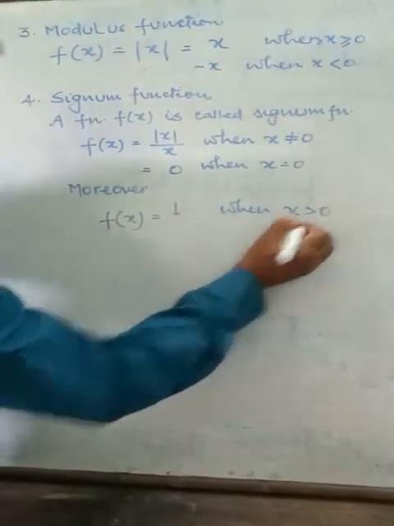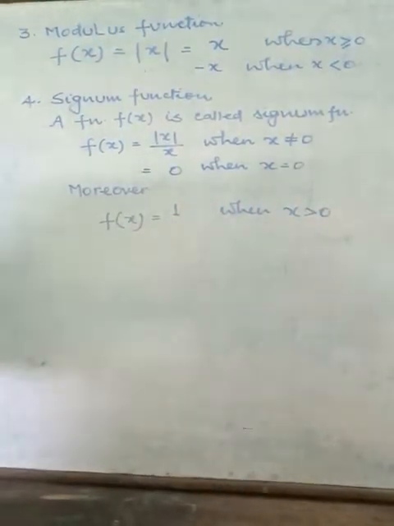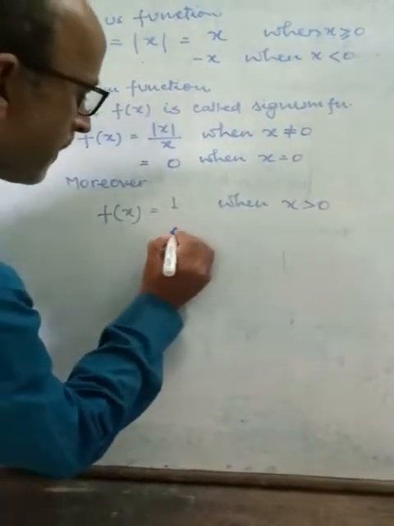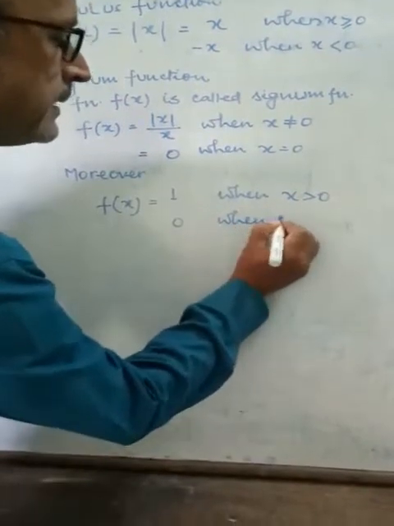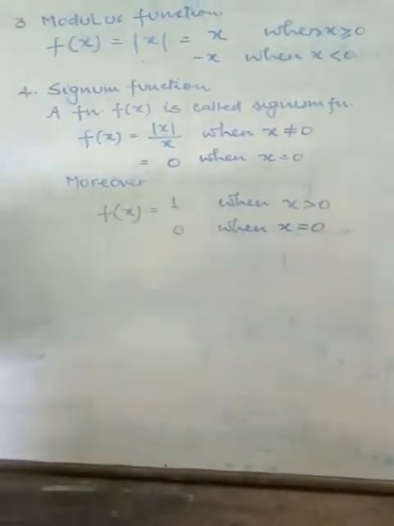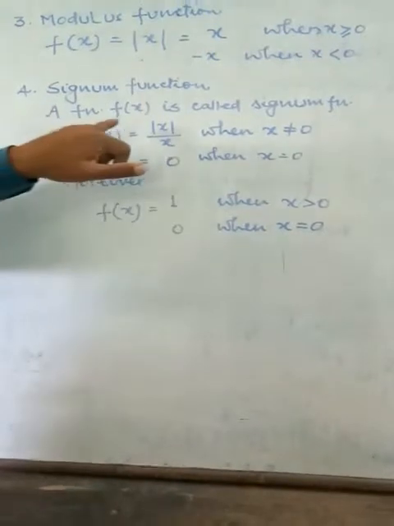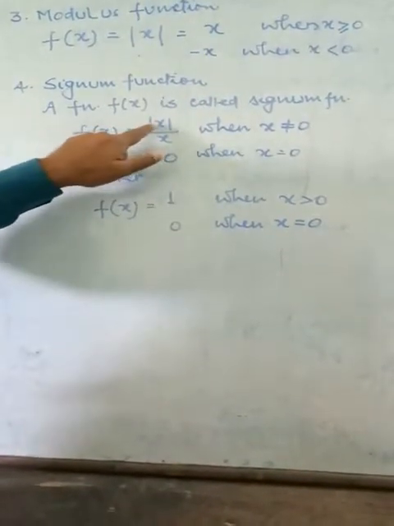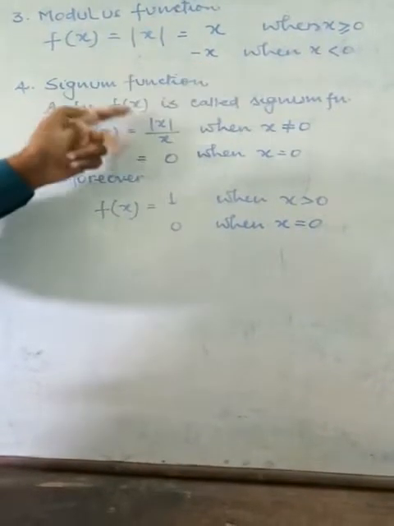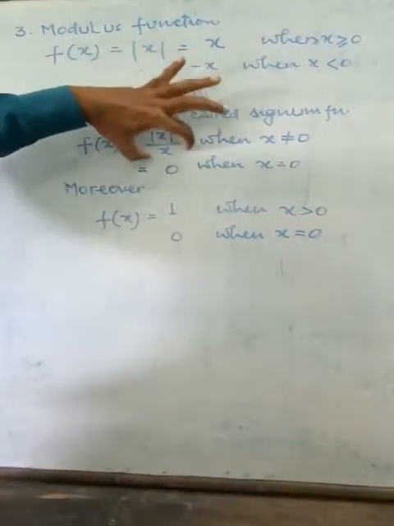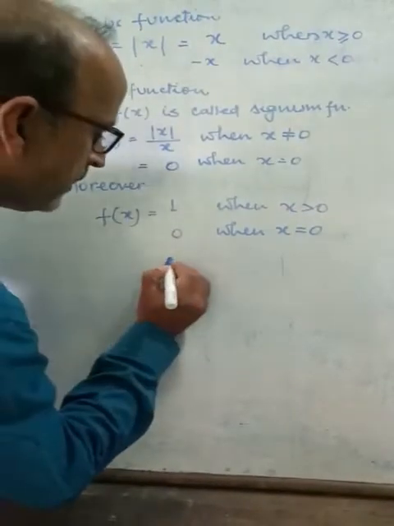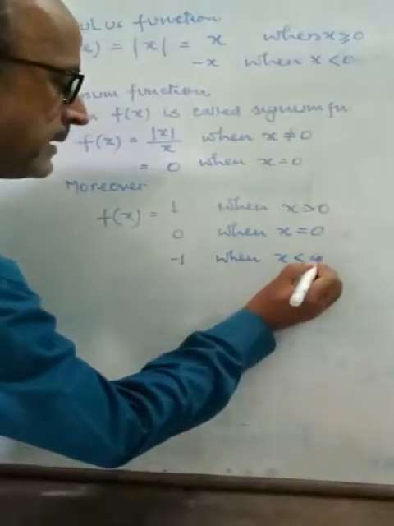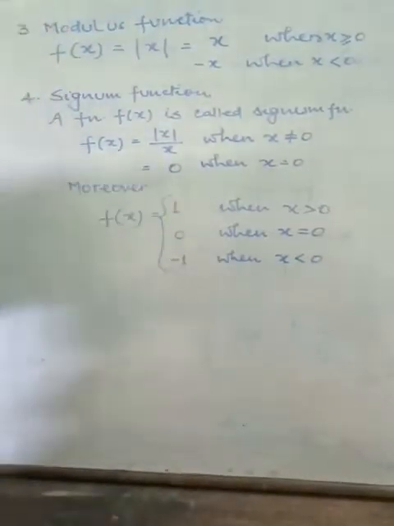Here x is equal to 0, then f(x) is 0. And when x is negative, that is less than 0, then modulus of x is equal to minus x. So here we put minus x upon x, then after cancellation it becomes minus 1 when x is less than 0. So such type of function is called signum function.